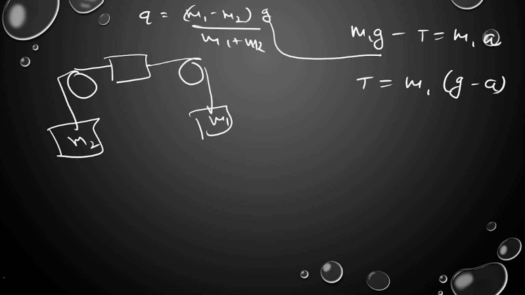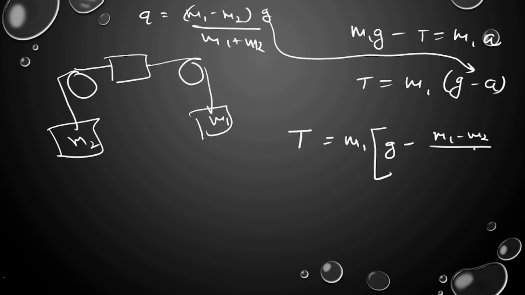Putting the value over here, T equals M1 into [g minus (M1 minus M2) upon (M1 plus M2) into g].